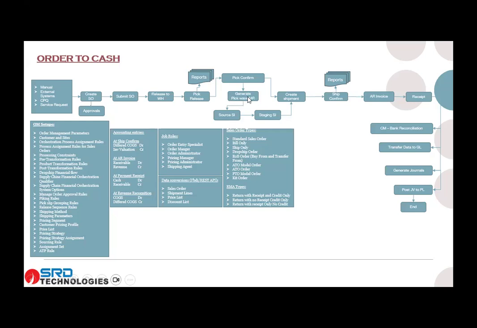It is called pick wave movement request. The stock will transfer from source sub inventory to staging sub inventory. If you want to perform this pick release and pick confirm, stock must be available in source sub inventory. If the item is a buy item, I'll purchase from the supplier and keep the stock in source sub inventory. If the item is a make item, I'll produce in the plant and keep the stock in source sub inventory. Then we'll pick and keep the stock in staging sub inventory.